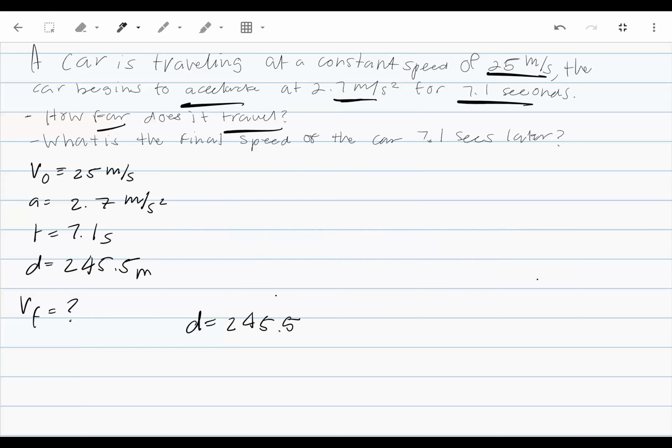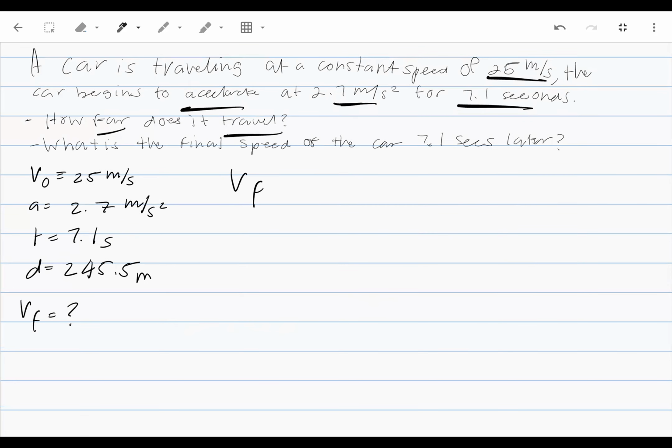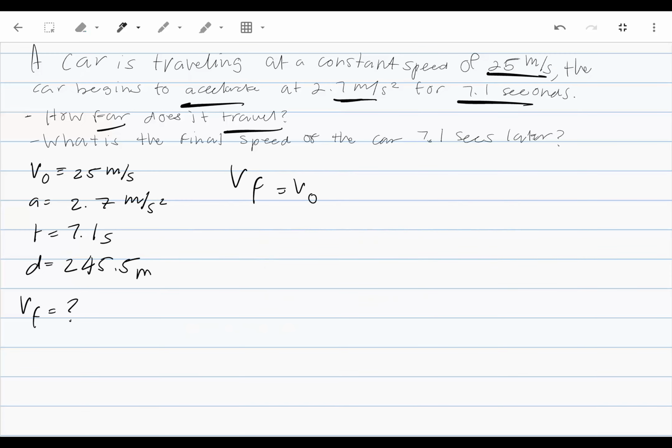Alright, so now to find your final velocity, we'd be looking at another equation we looked at before, which is one of the easier ones. Your final velocity equals your initial velocity plus your acceleration times your time.